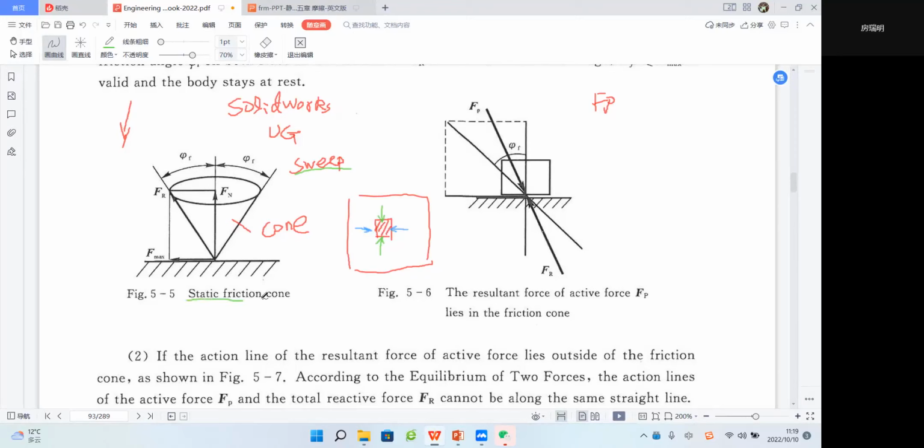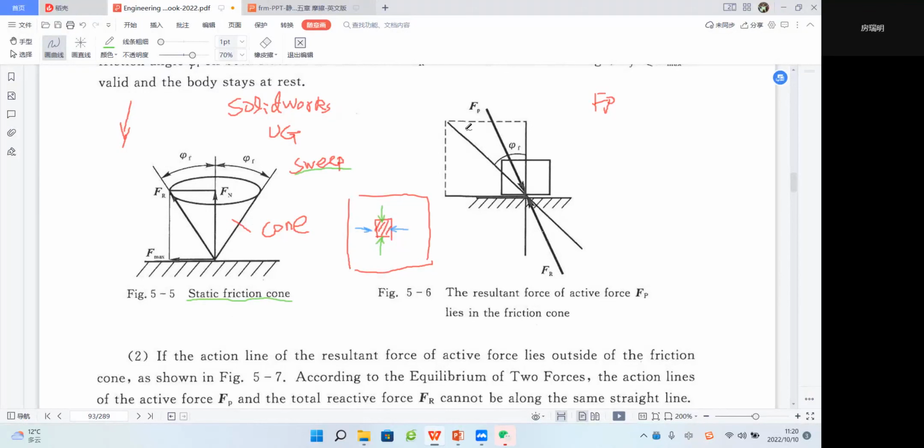Can you guys understand this? Because of different active forces, the direction of the friction force also goes along different directions, covering 360 degrees, so we will have this friction cone.